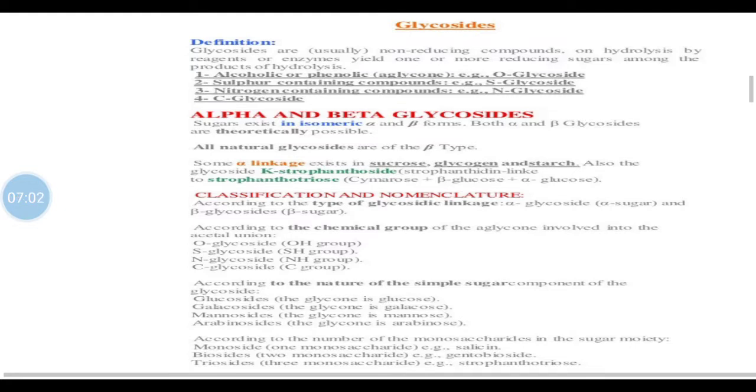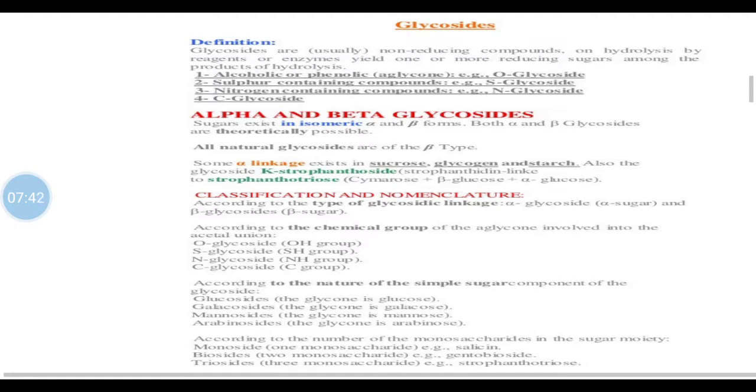So for the nature of simple sugar present in the glycoside, one is glucosides, where the glycon is glucose, galactosides where the glycon is galactose, mannosides where the glycon is mannose, arabinosides where the glycon is arabinose. These are some of the important sugar moieties present in glycosides.